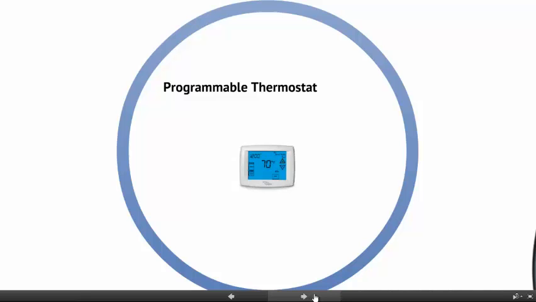Now, programmable thermostat. This is kind of an interesting one. Does it perform a physical task? Well, let's come back to that. Is it programmable? Yes. Does it carry out a set of instructions? Yes. Does it do something that we want humans to do? Yes, it actually tells our heater to turn on and off.